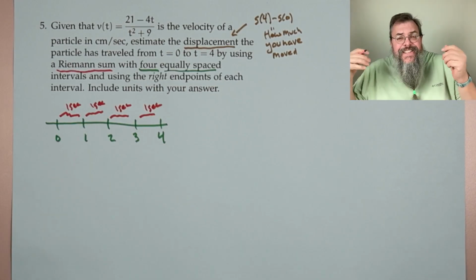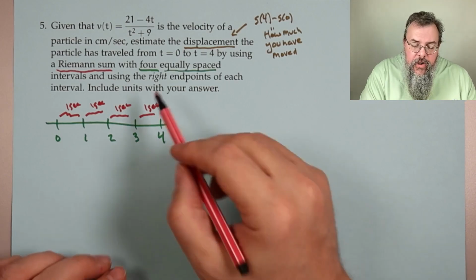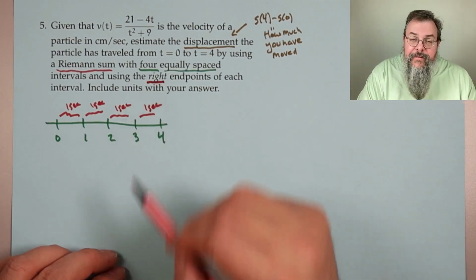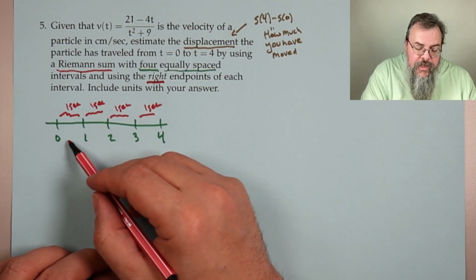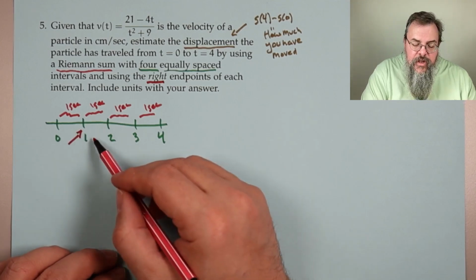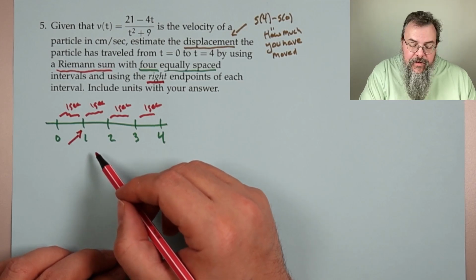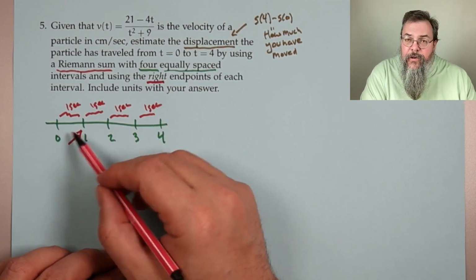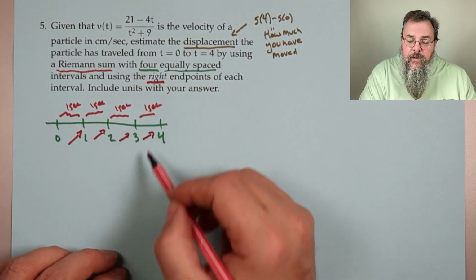Because it's not going to be exactly constant, we have to pick. And that's where the word right endpoint comes in. For the first interval, choose the time 1. Whatever your velocity is at that time, that's going to be the velocity. We're going to pretend we're going at that velocity for the whole interval. Similarly for 1 to 2, 2 to 3, 3 to 4.